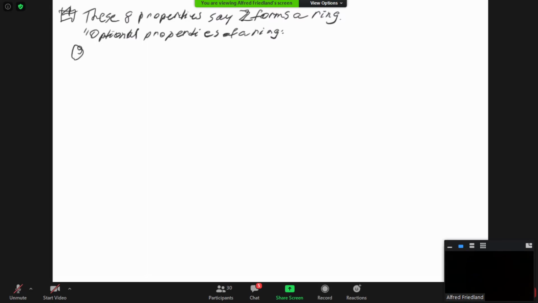For property 9, well, here's no particular order. Commutativity for multiplication, again, it's multiplication.